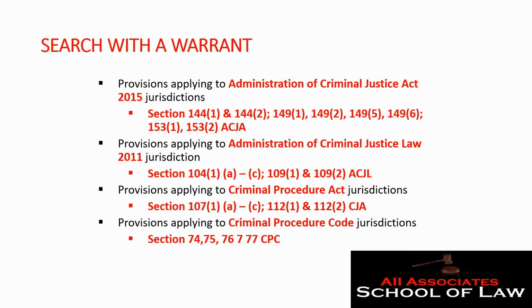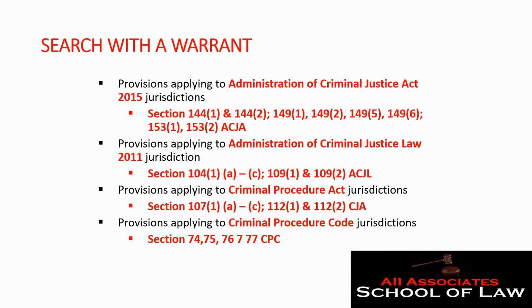Search with Warrants. Introduction. Mainly utilized in relation to search of premises or things. For ACJA jurisdiction, see the following: Section 144, subsection 1 and 2, Section 149, subsection 1, 2, 5, and 6, Section 153, subsection 1 and 2.